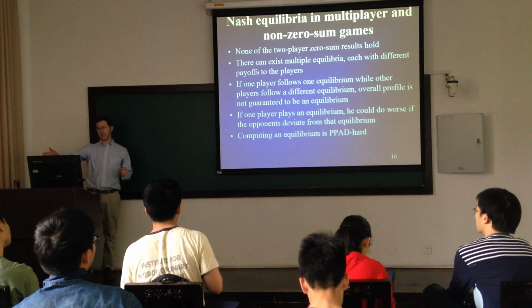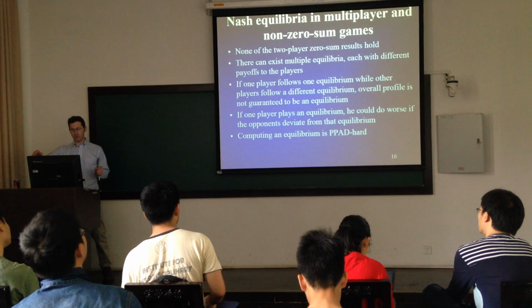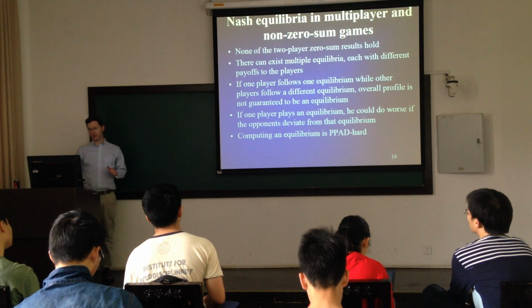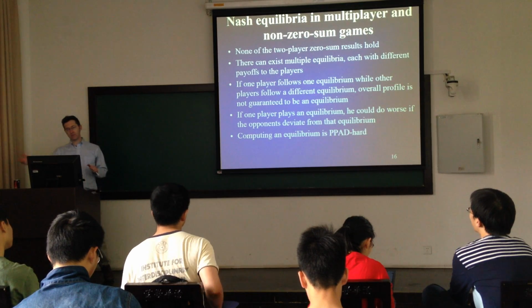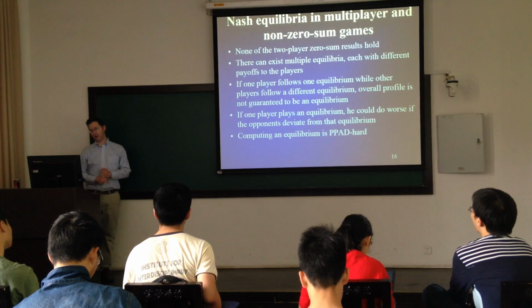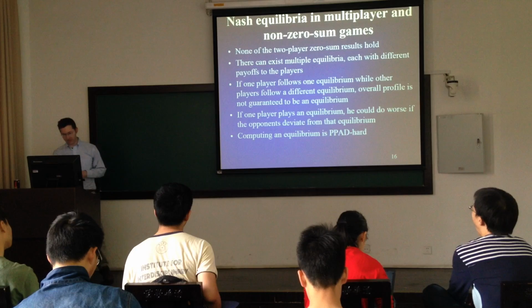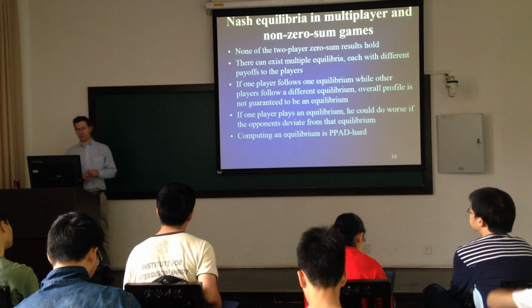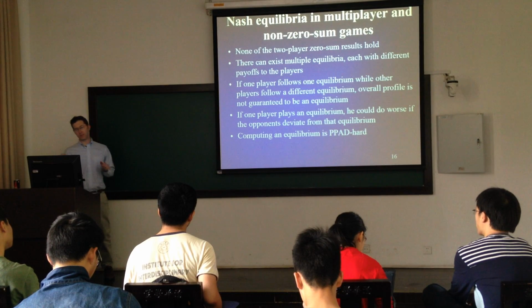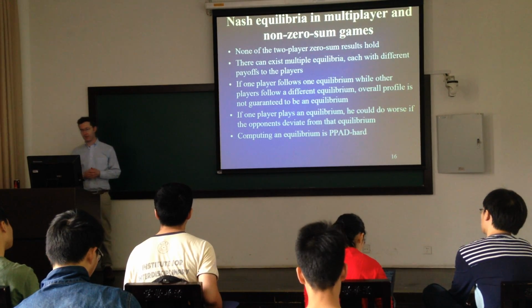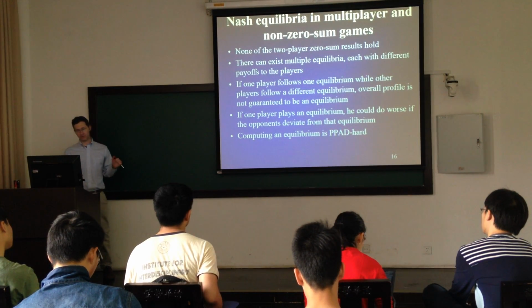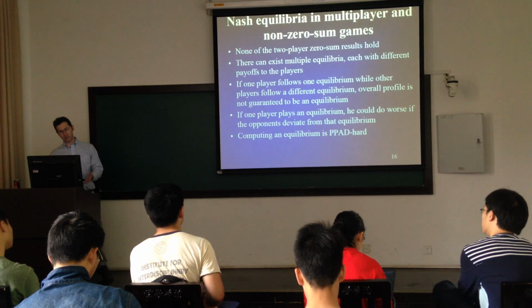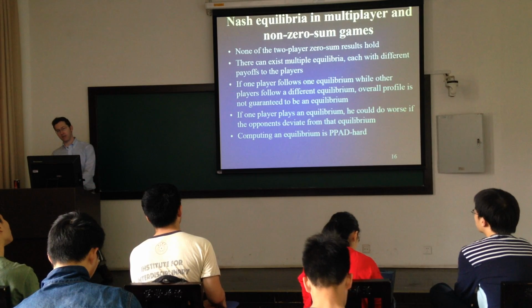The opponent who deviates will do worse or the same, because it's an equilibrium, but we could also do worse, whereas that couldn't happen in a two-player zero-sum game. And furthermore, it is hard to compute an equilibrium in these games. It's PPAD-hard, and it's conjectured that no efficient algorithms exist. So it's a much less compelling solution concept in these other games.